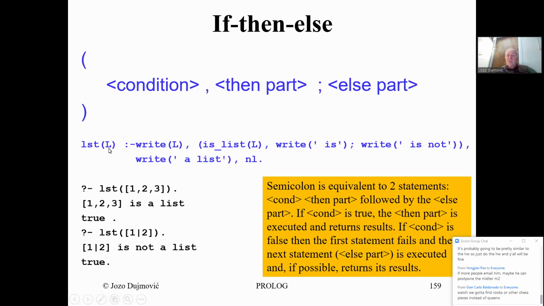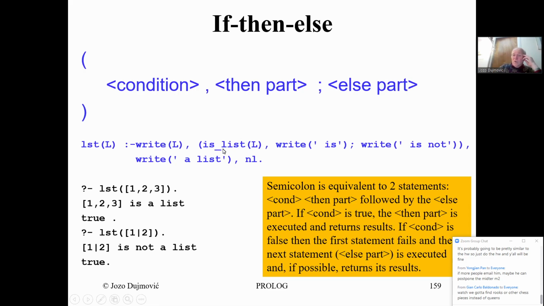So our test program, whether L is a list, will write the list. And then we'll use the library function isList. Now, the library function isList of L is telling you whether this object L is a list or not. It can be whatever you want. If it is a list, then you are going to get that this is true.